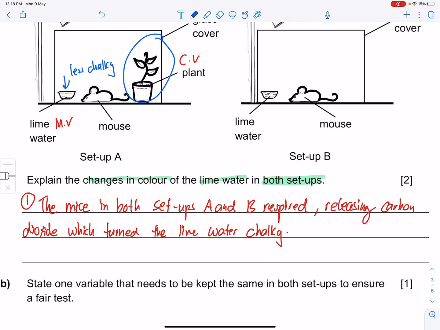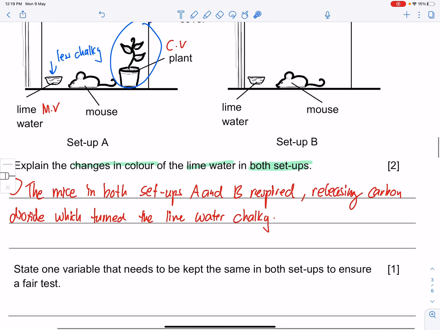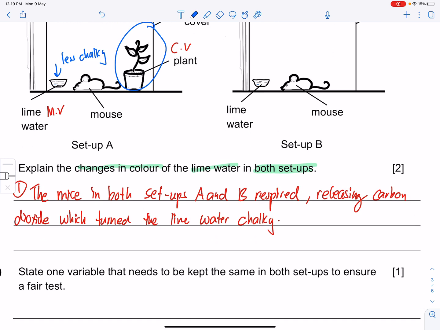They purposely put the light there to hint you. So the light tells you that photosynthesis would probably occur, right? Then you start to think back. When plants photosynthesize, what do they take in? They take in carbon dioxide. So because of that, the amount of carbon dioxide here would decrease because it went into the plant for photosynthesis. Alright, so then you have to articulate that in your answer.